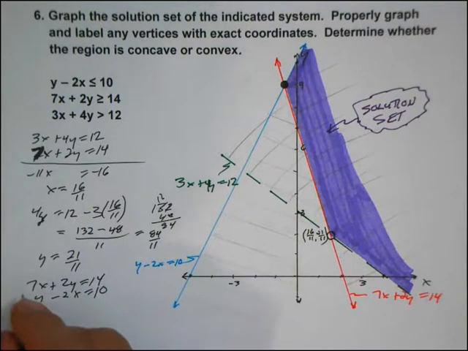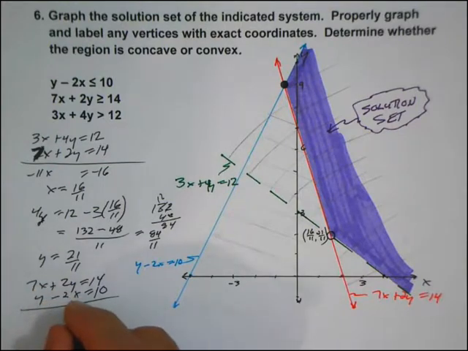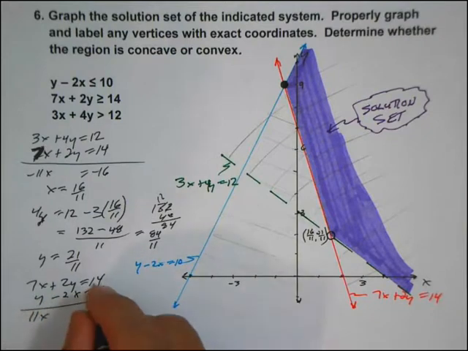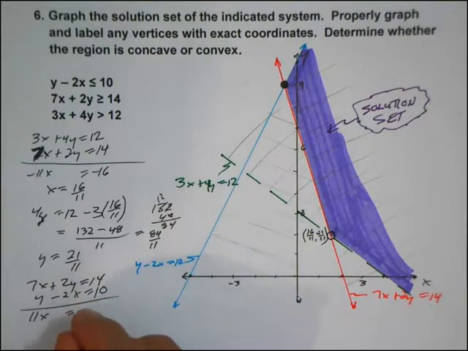We could go first equation minus 2 times the second. Okay, ready? 7x minus 2 times negative 2x. That's plus 4x. 11x. 2y's minus 2y's. The y's zero out. 14 minus 2 times 10. 14 minus 20. That's negative 6. Okay, so now x is equal to negative 6/11.